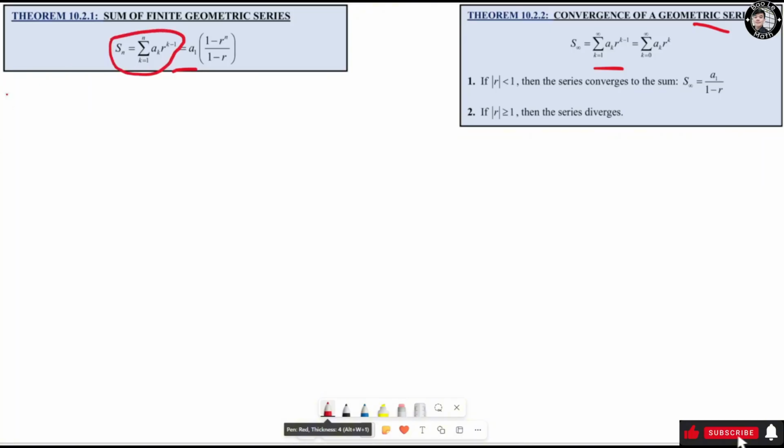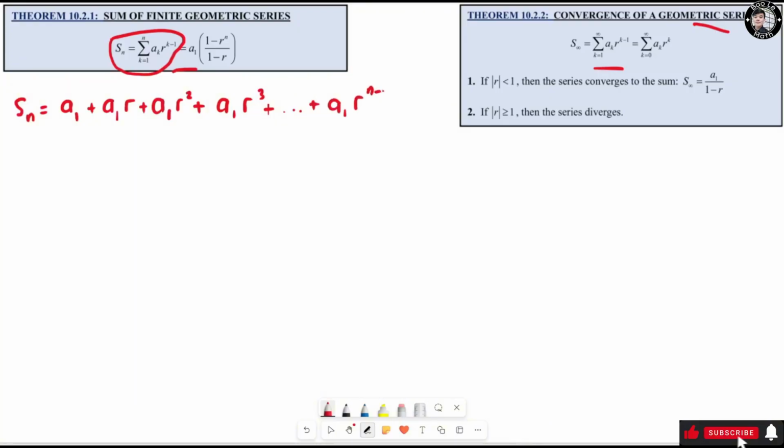So we have S_n equals a1 plus a1 r plus a1 r squared plus a1 r cubed plus etc., plus the last term a1 r to the n minus 1.